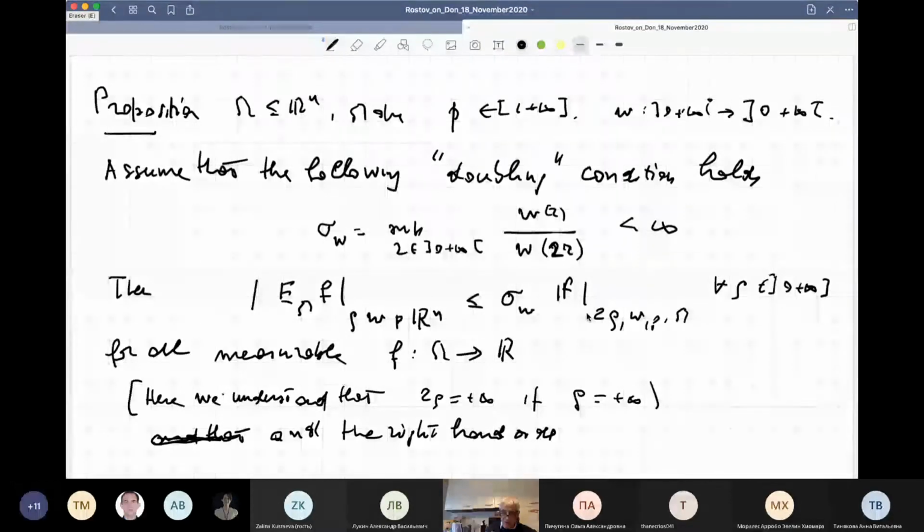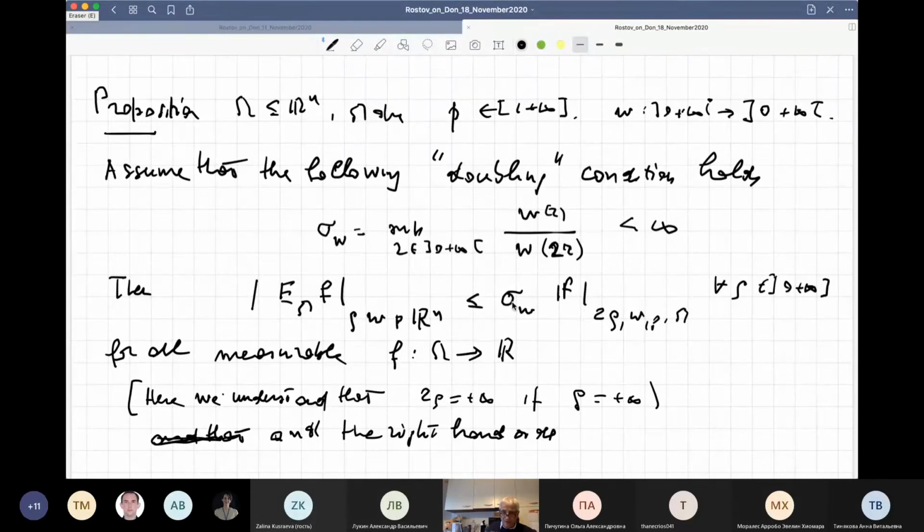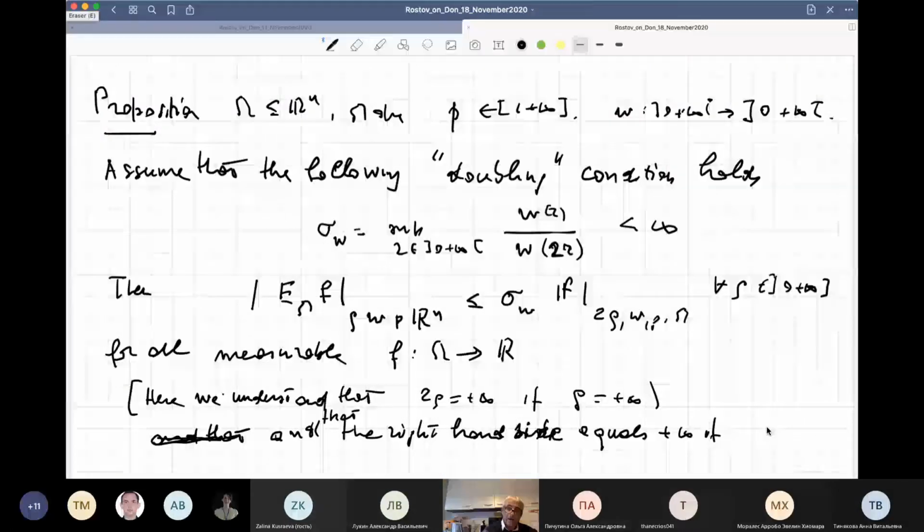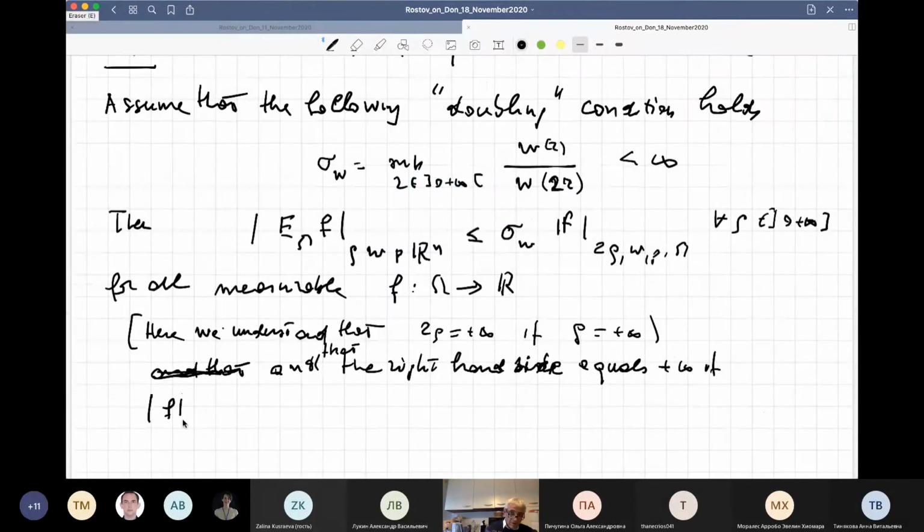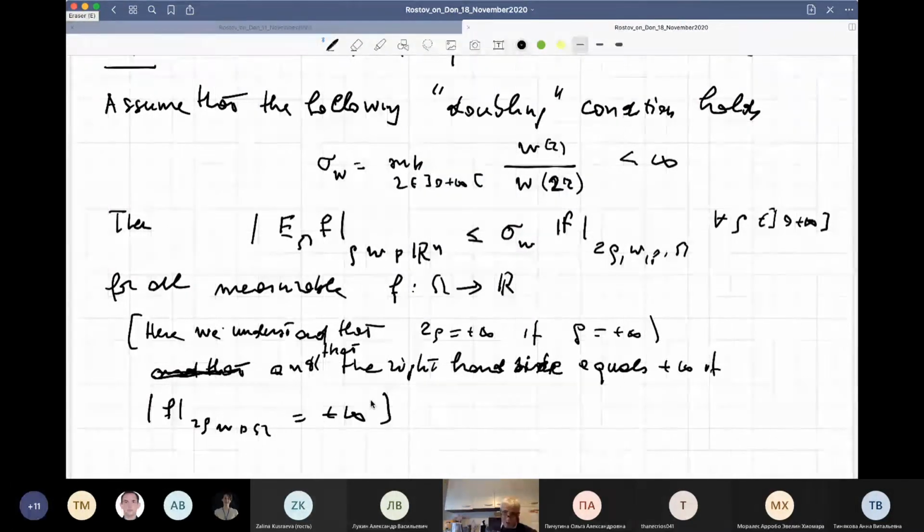If the modulus here is plus infinity, we understand that the product of this number times the modulus is by definition plus infinity, and the right-hand side equals plus infinity if the factor is equal to plus infinity, okay, with these specifications.